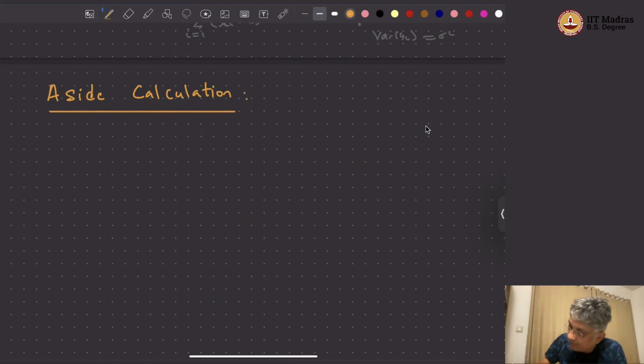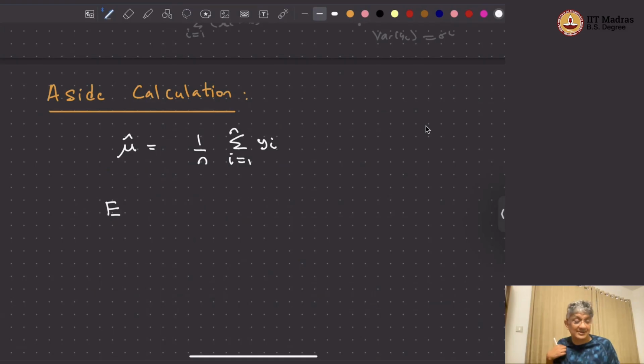Here you've done it in your statistics class: you have mu hat equal to 1 over n, the summation from i equal to 1 to n of the yi's. Then you know that the expected mu hat depends on the sample that you've got. And note that y1, y2, through yn is a random sample.